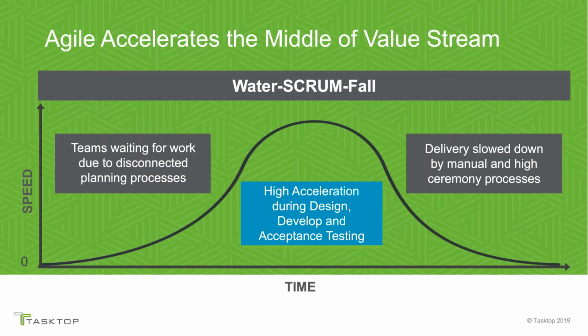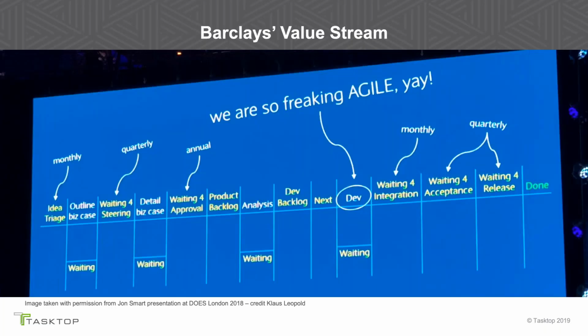Now, this is something that we're talking about, but Barclays, last year at the DevOps Summit in London, actually made fun of themselves. And this was presented at the summit by John Smart. And he pointed out how, yay, we are so freaking agile. Development was. But before that, they had monthly idea triage.